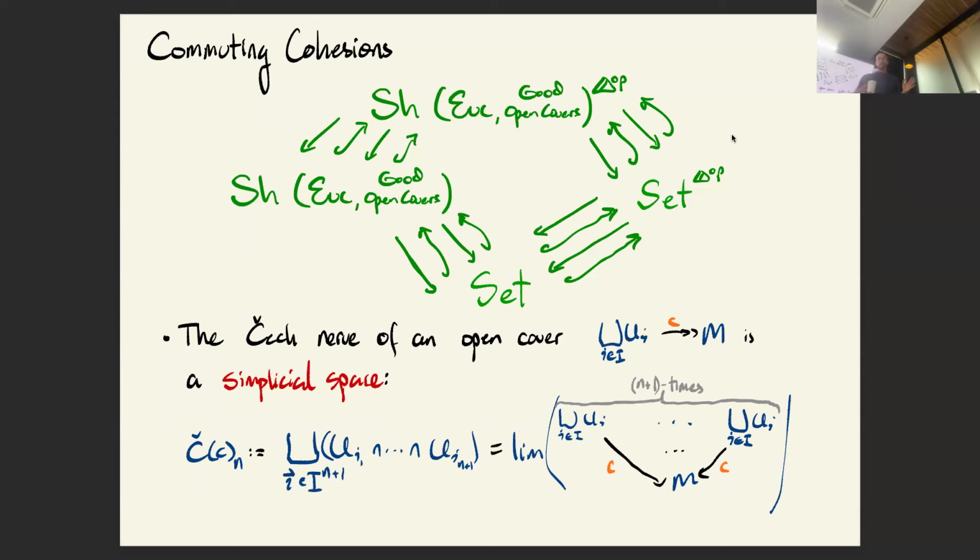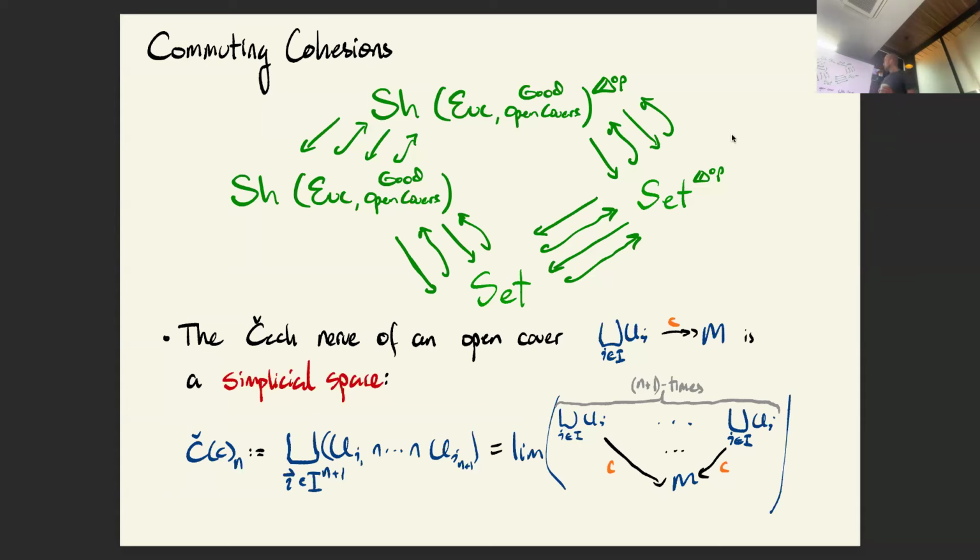So the reason for us to go up here is that the Čech nerve, which as I mentioned was our bridge between the space and its Alexandrov nerve, is best understood as a simplicial space. So if I have an open cover, I can bundle it all up into the disjoint union of all the open sets, which is a big space, right? It's a disjoint union of spatial things, the actual opens, and it surjects onto M in a nice way.